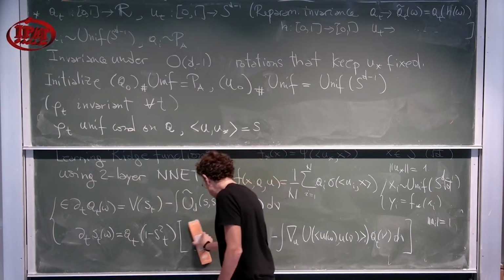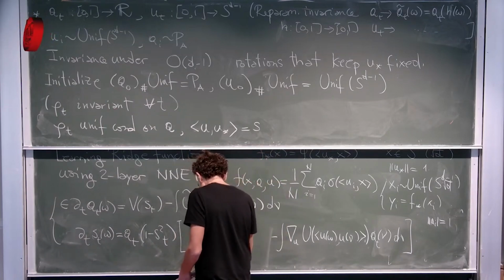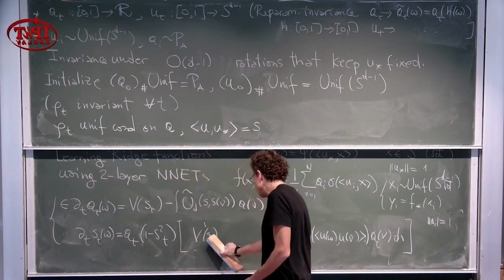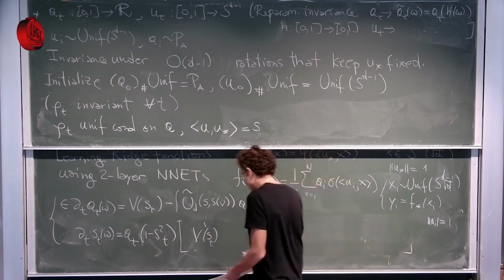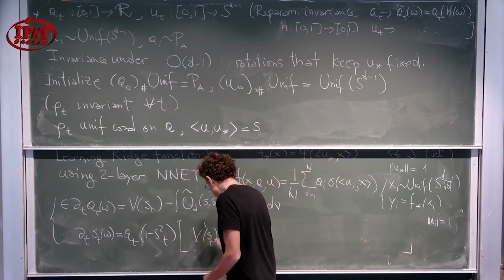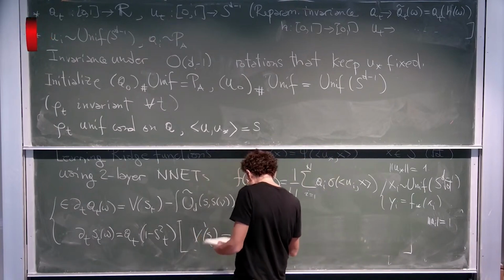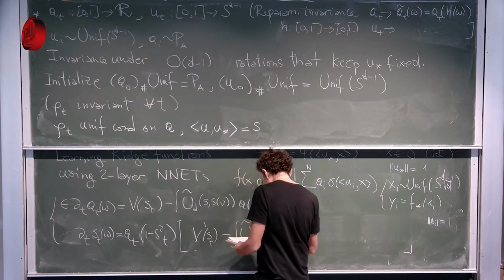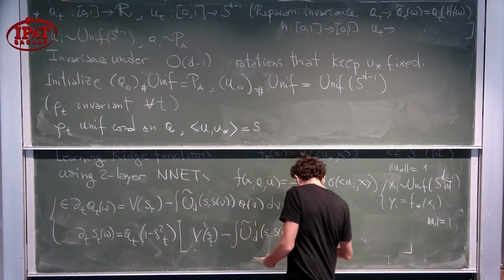Here this gets replaced by B prime S. This is all evaluated at the same point, and this gets replaced by U tilde prime, meaning the derivative with respect to the first argument, the S.